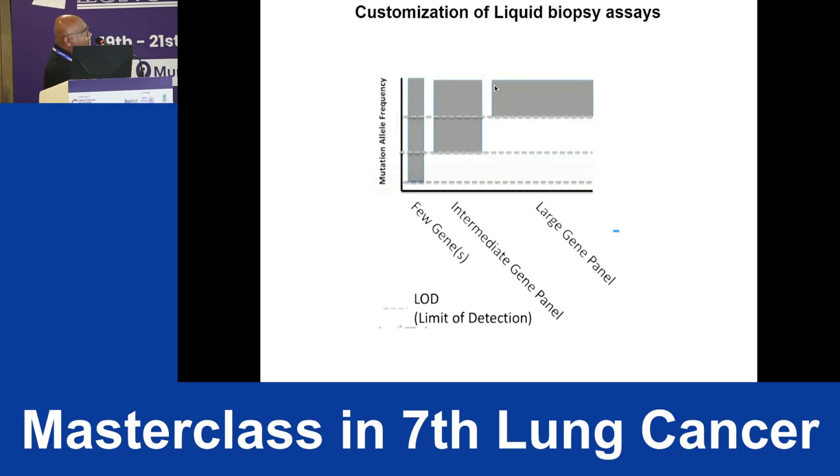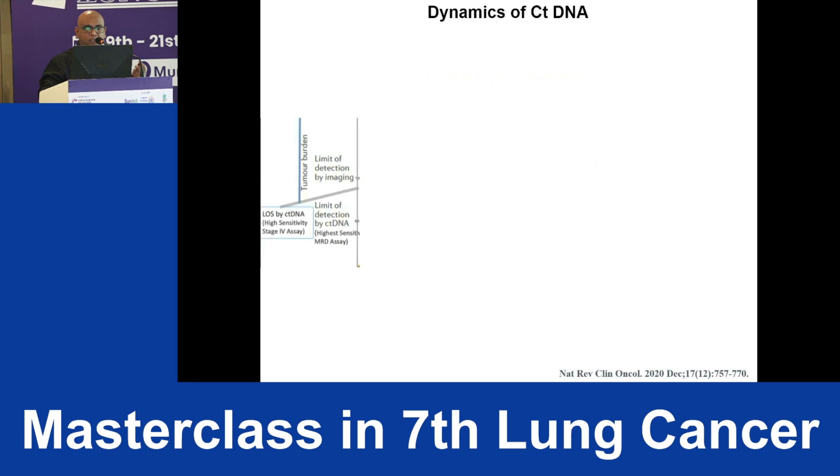If you want to interrogate a large panel, then when you're going for something such as an MRD determination, that cannot be done, because that would require a super high sensitivity, and that can be done on few genes. If you're going for a larger panel, then that has to have a lower sensitivity, or there has to be a compromise in the size of the genome that you're interrogating. So this inverse correlation has to be taken into account.